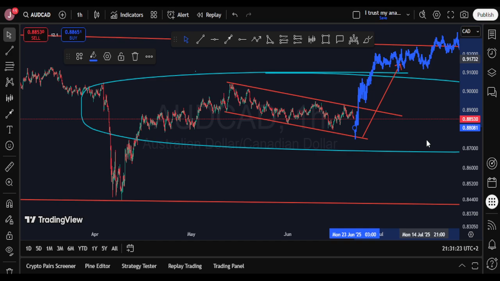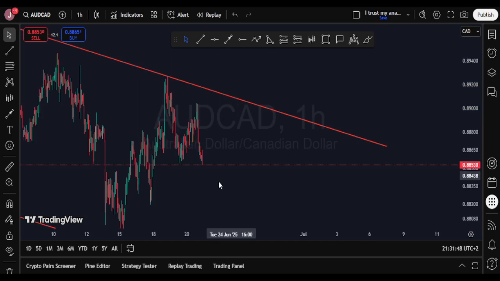So currently, since we have identified this pattern, it seems like it's a possibility that it might give us a third touch. So I would say currently, ladies and gentlemen, just look for the short-term sell until this low. Once price gets to this low, look for reversals.